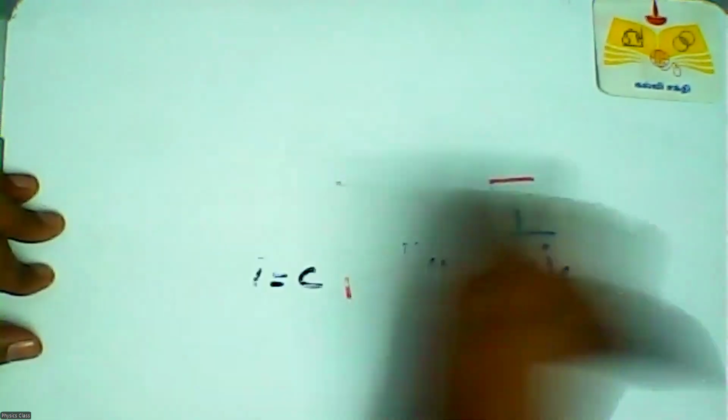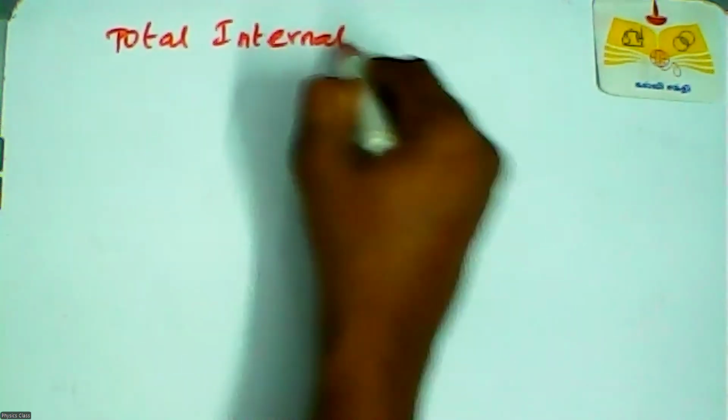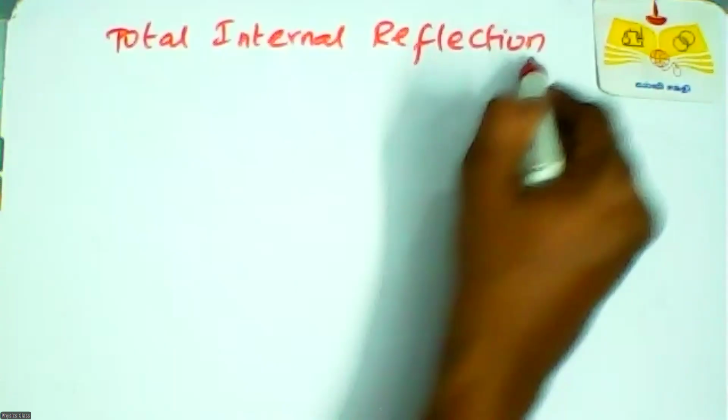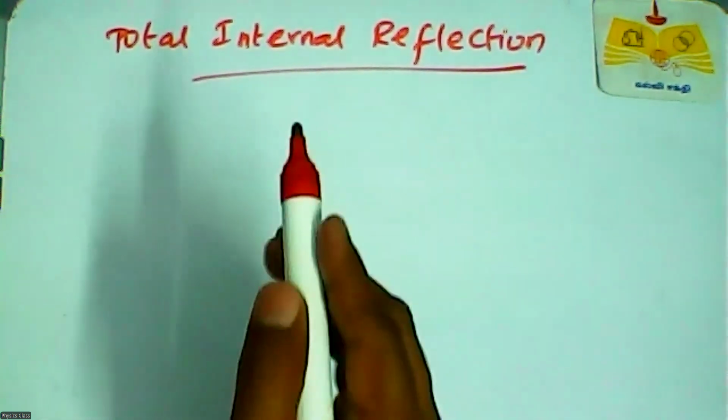Next concept is total internal reflection. Okay, this is another concept. So total internal reflection, TIR.